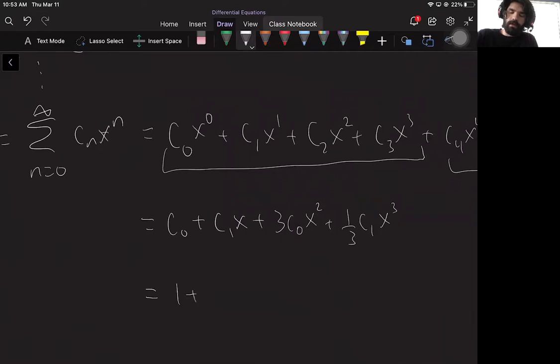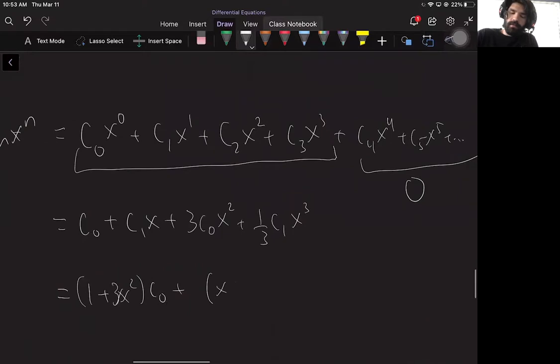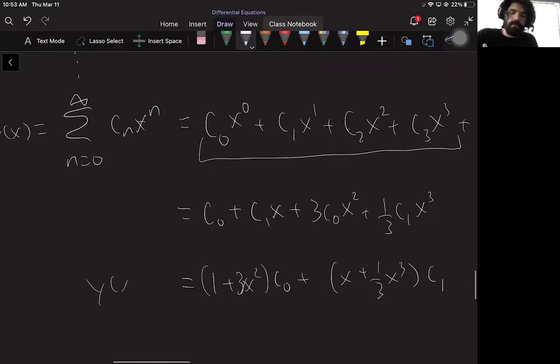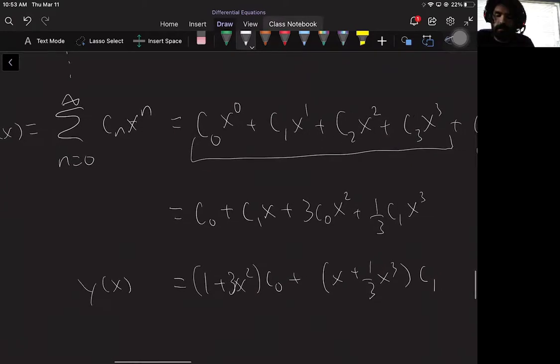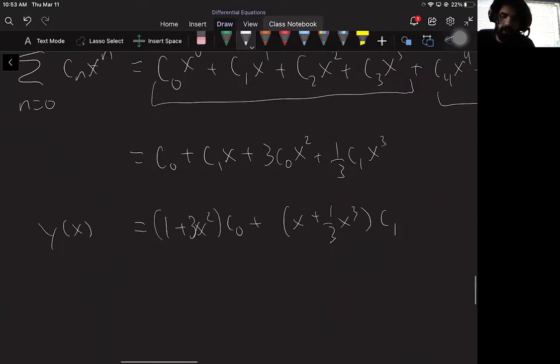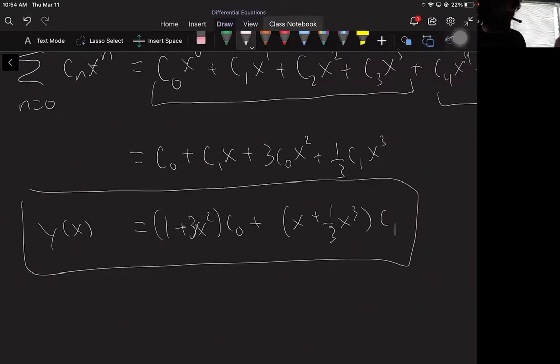So I get (1 plus 3x squared) C0 plus the C1s together, (x plus 1/3 x cubed) C1. So this time my power series solution reduces down to just finite polynomials. And here's my 2-parameter family. So that can happen too, interestingly.